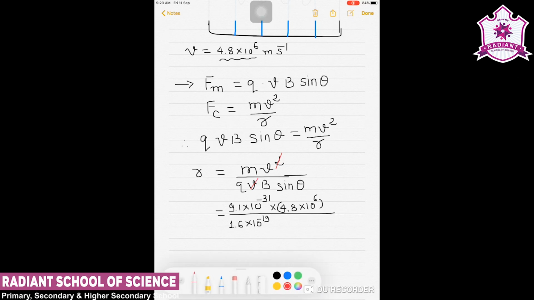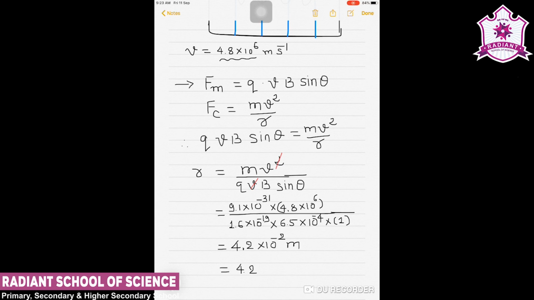Then the magnetic field is given as 6.5 into 10 raised to minus 4 Tesla, and sin 90 is 1. If we put all the terms and simplify, we get about 4.2 into 10 raised to minus 2 meter, so that is about 4.2 centimeters.